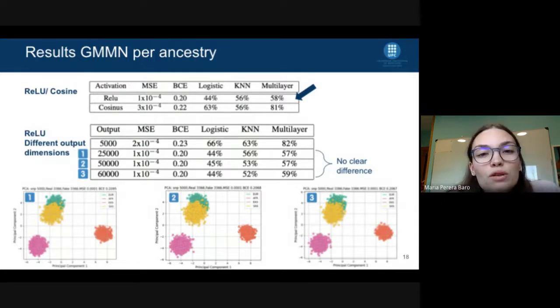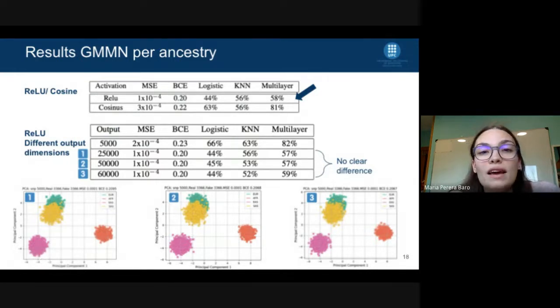And as I mentioned, the network is composed of a linear layer and a ReLU or a cosine. Comparing the results in the first table, we can see that the ReLU gives better results, as the accuracies are lower and the errors too.